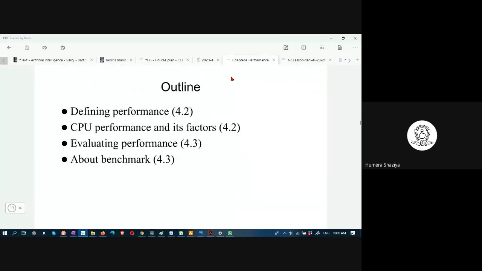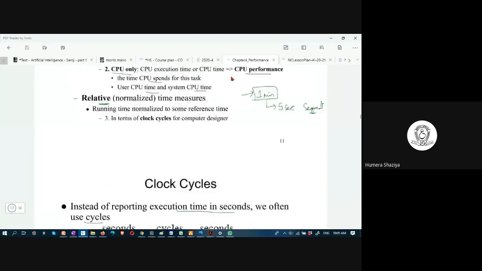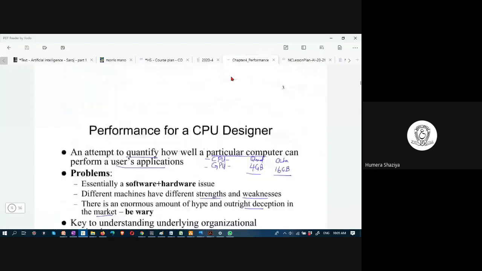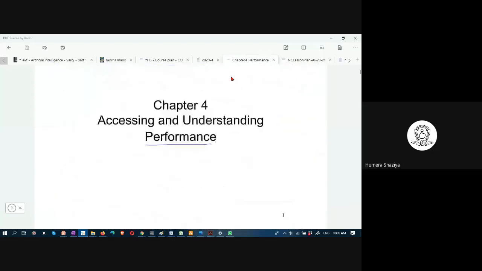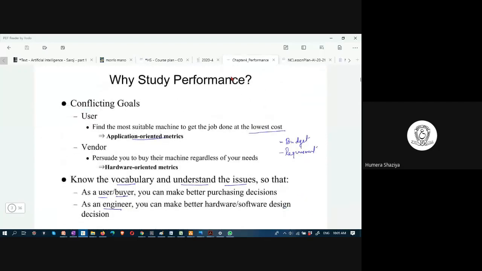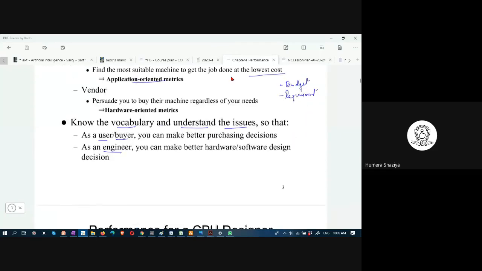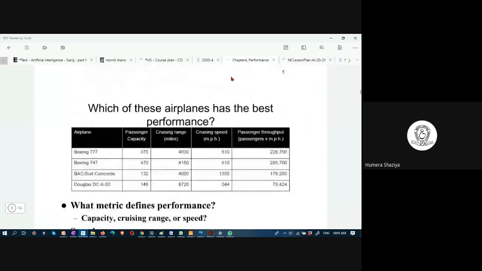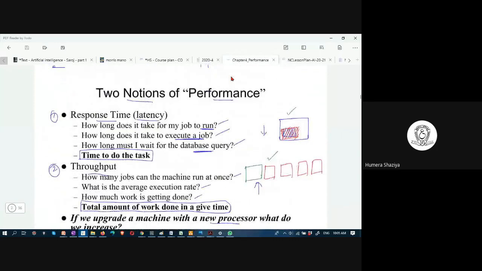We are learning this last topic of Unit 5. We covered performance. What is performance and how is performance measured? What is the significance of performance?